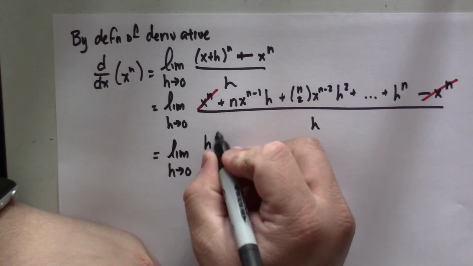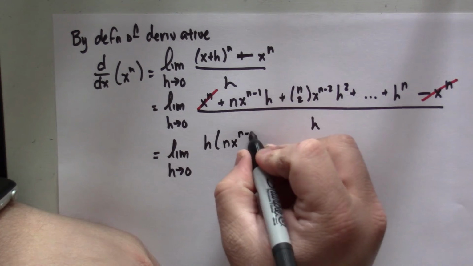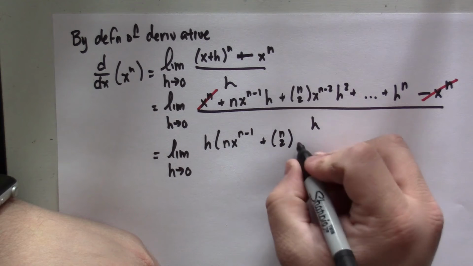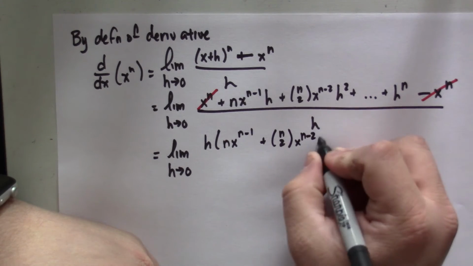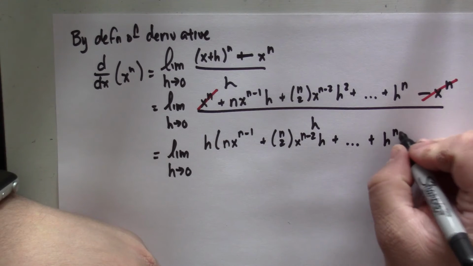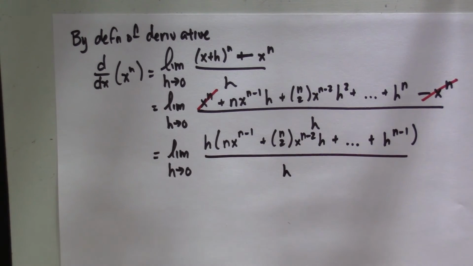So I've got h times n x to the n minus 1, plus n choose 2, x to the n minus 2, h, plus dot dot dot all the way down to h to the n minus 1, all over h. Now here's where the magic happens.